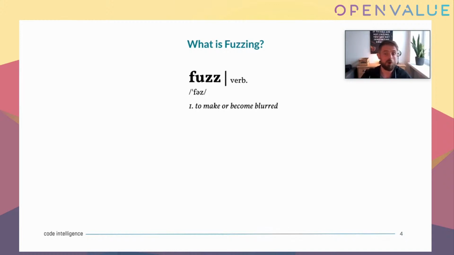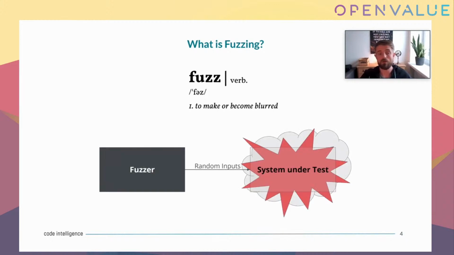So you probably heard about fuzz testing, and the word fuzz means to make or become blurred. So if we think about software development and fuzzing, basically it all started in the end of the 80s in an American university.